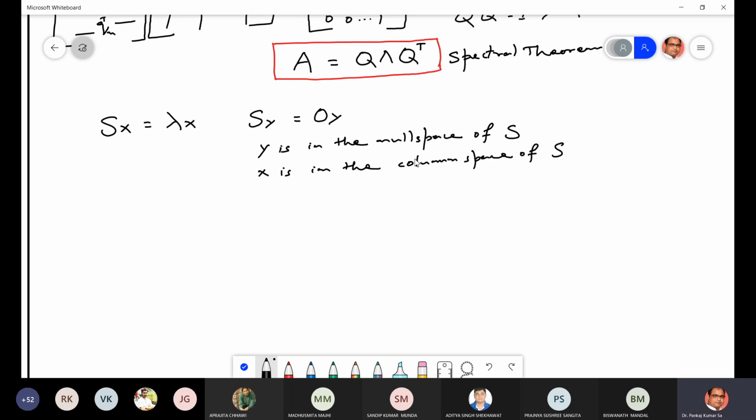Yeah, y is in the null space of S. That is quite understood, Sy is equal to 0. But what is x? X is nothing but 1 upon lambda times Sx.